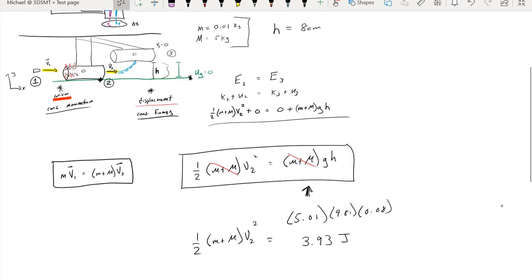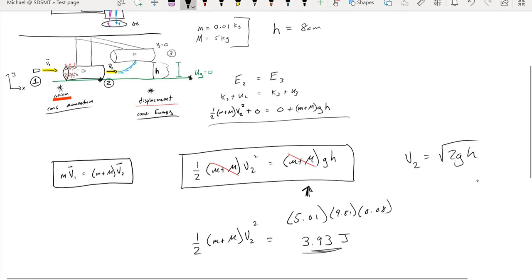So if we wanted to, we could just jump right in to solving for that velocity without even having to know how much energy there is. And that's kind of nice. V2, if we rearrange this with our algebra, we get root of 2gh.